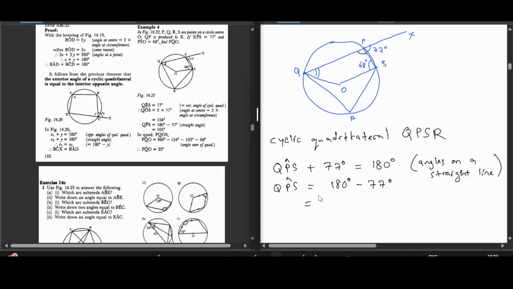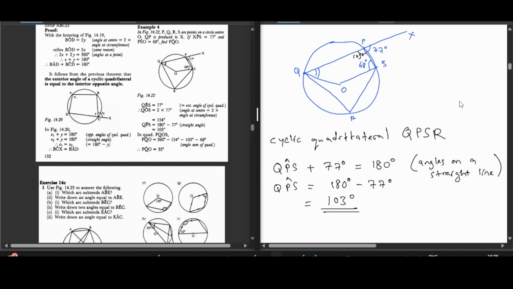So what do we get when we do that calculation? 180 subtracting 77, it's 103. So it's 103 degrees.